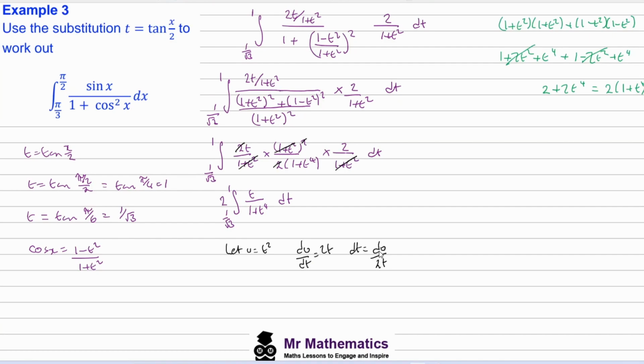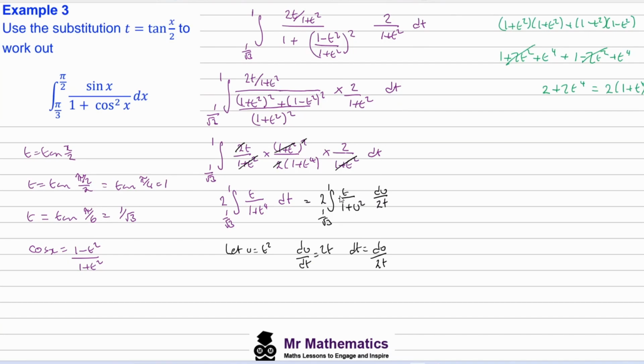Then we can substitute each of these into our integral. So now we get 2 lots of the integral between our limits of t over 1 plus t to the 4, which is u squared, times dt, which is du over 2t.